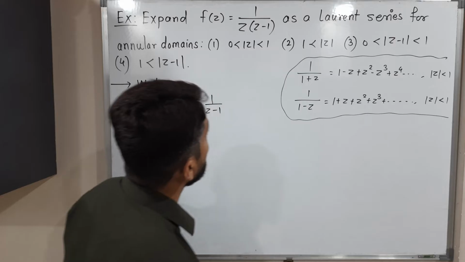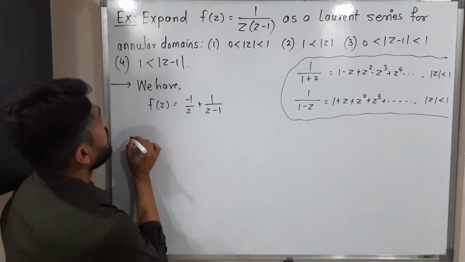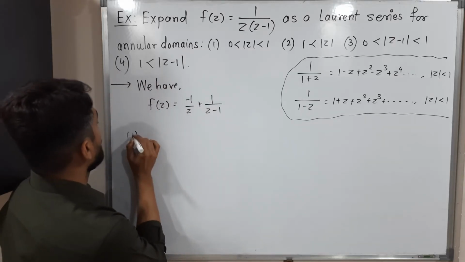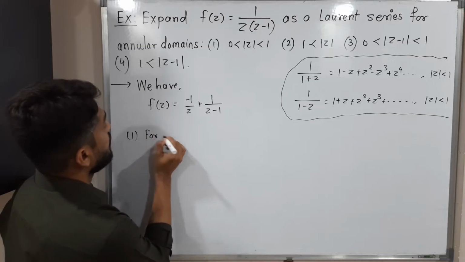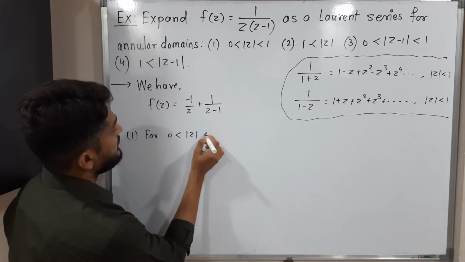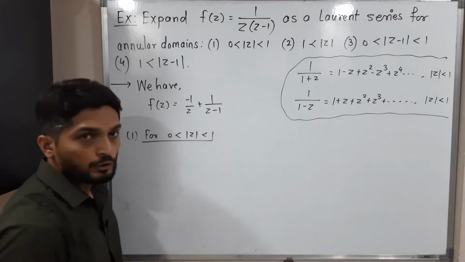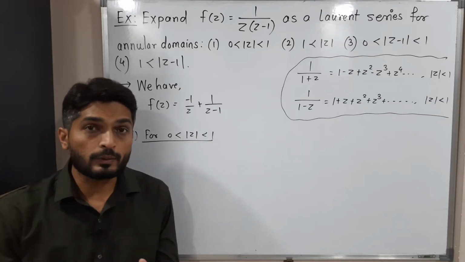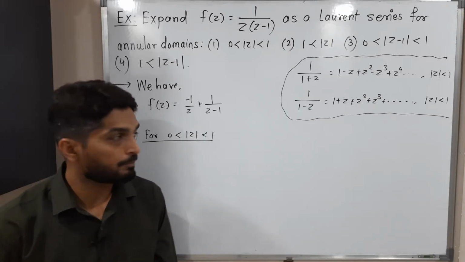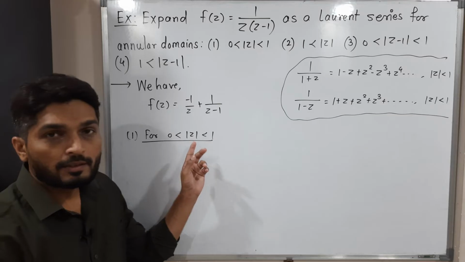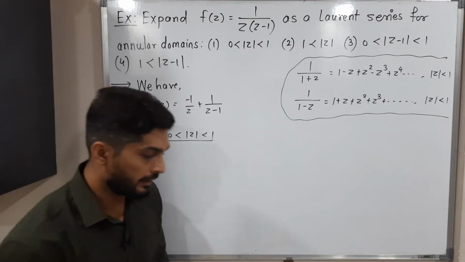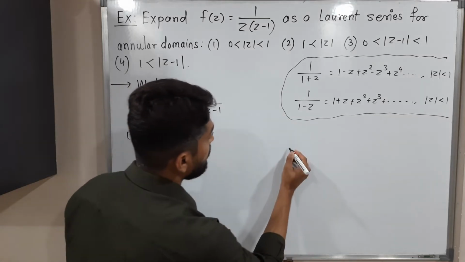So let us consider the first region. Let me write it first: 0 less than mod z less than 1. Before starting the solution, let us try to understand some geometry of it. What will I do? I will replace the inequality by equality. So what will you have?